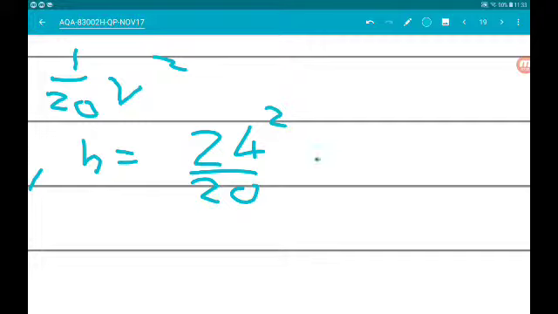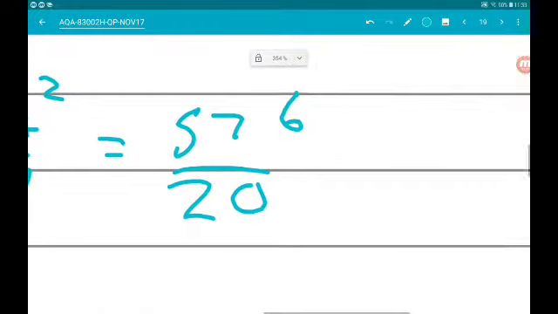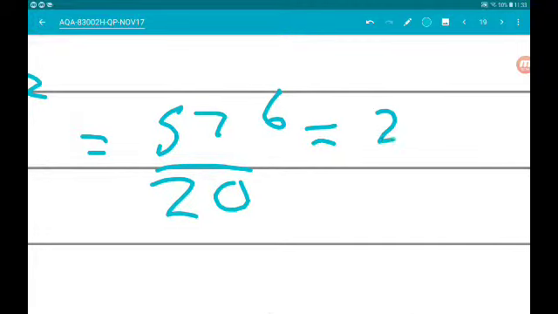So we get 576 over 20, which is going to give us 28.8 meters. Cool.